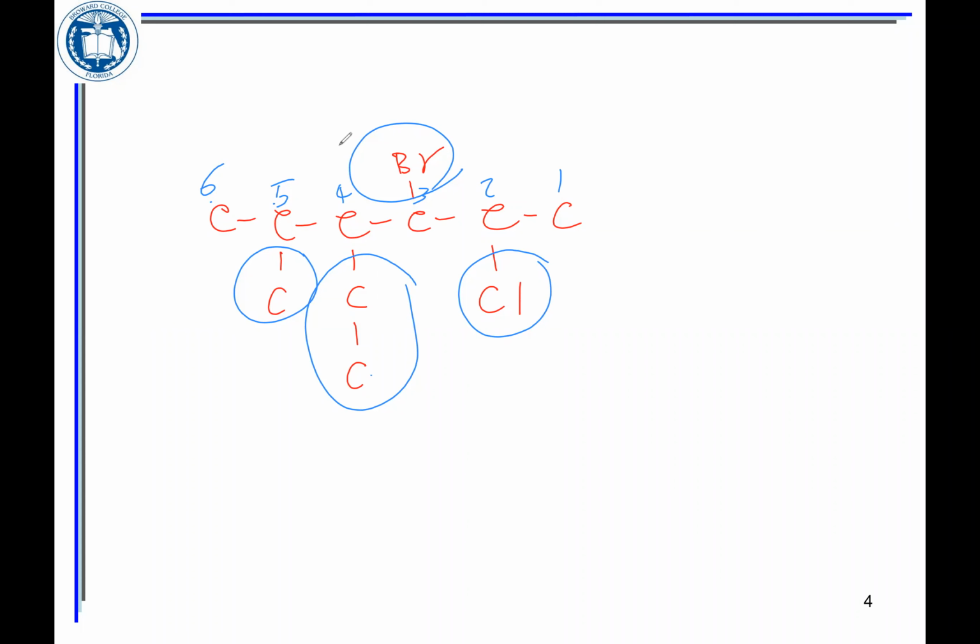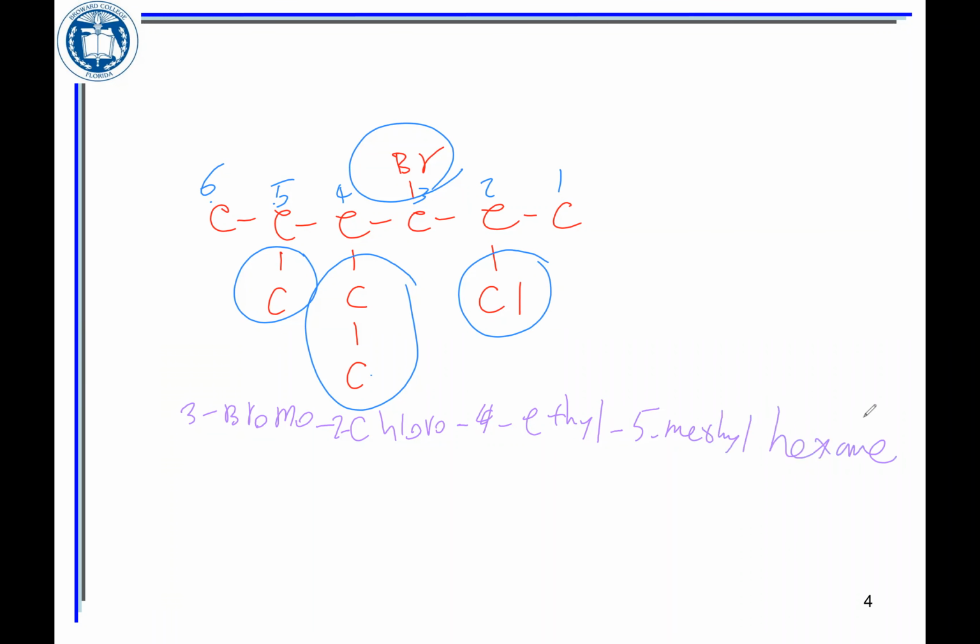What's the name? 2-chloro, 3-bromo. Which one should come first? It's alphabetical order, so bromo first. It's 3-bromo, 2-chloro, 4-ethyl, 5-methyl hexane.